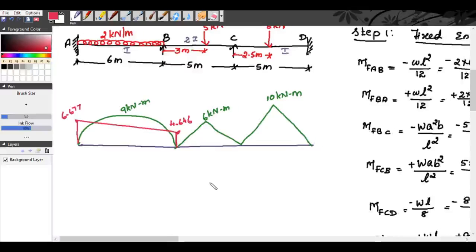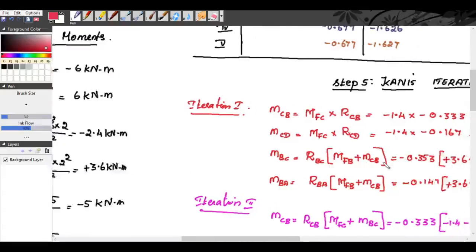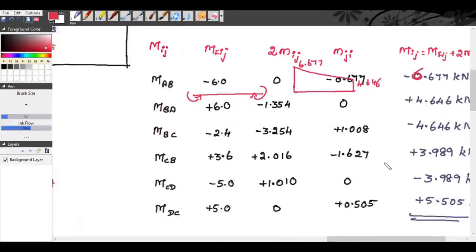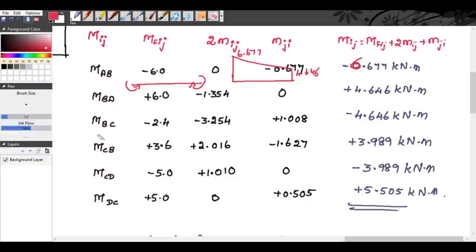Now we will consider the span BC. For the span BC, at B it is minus 4.646, anti-clockwise, pointing upwards. CB is plus 3.989, clockwise, pointing upwards. So our bending moment diagram will be 4.646 and 3.989.